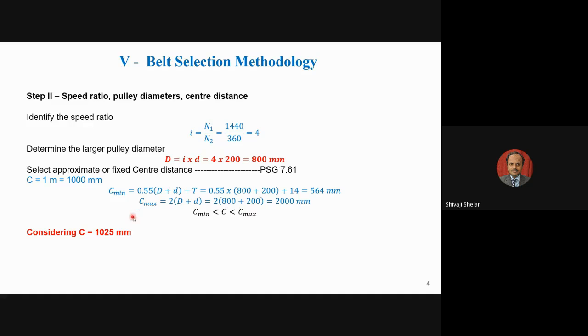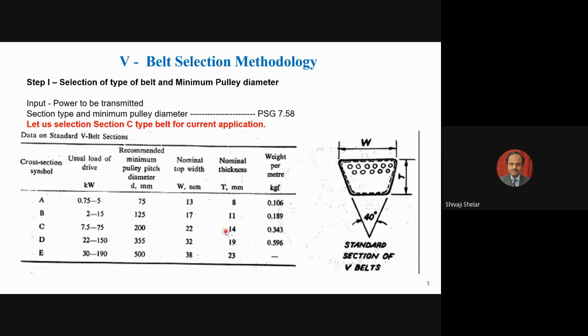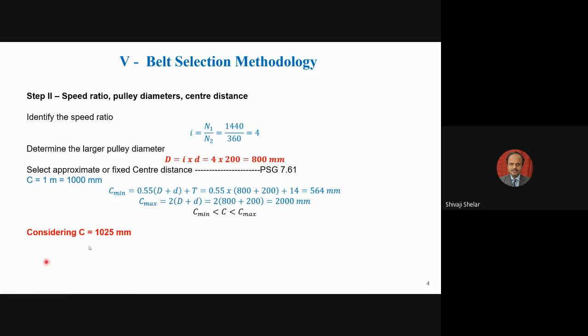Second, if your center distance is too large, that is, greater than the C max value, the belt has its weight. I'm showing the weight per meter in kgf here. As you increase this value, the density of the belt material increases.